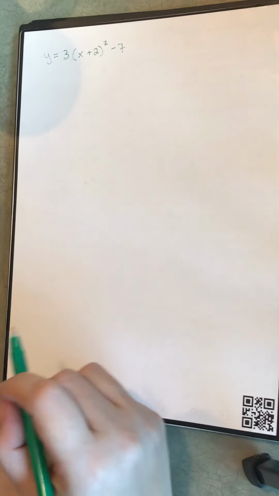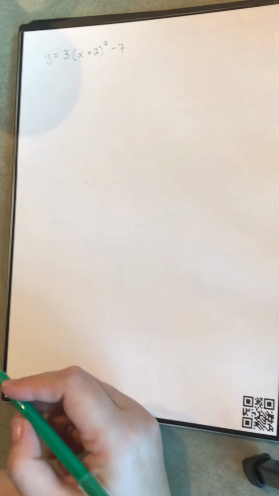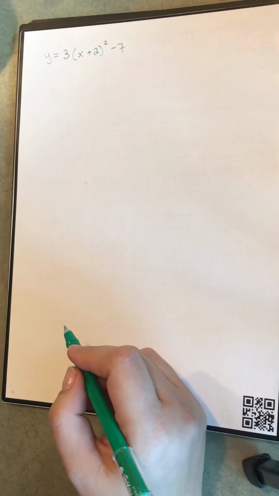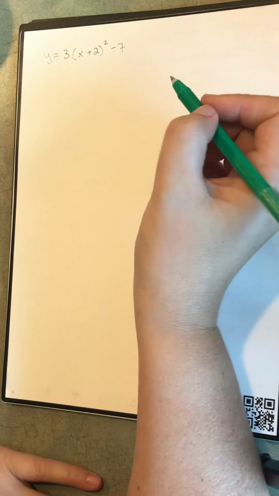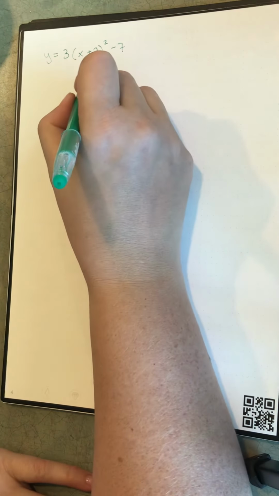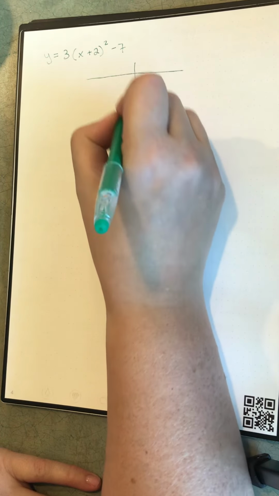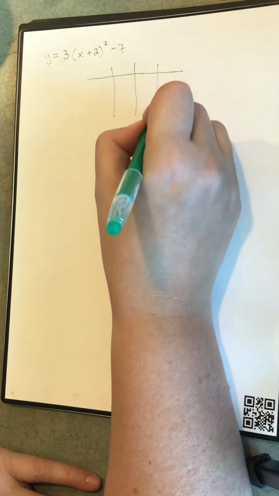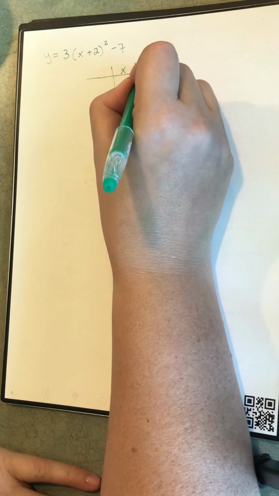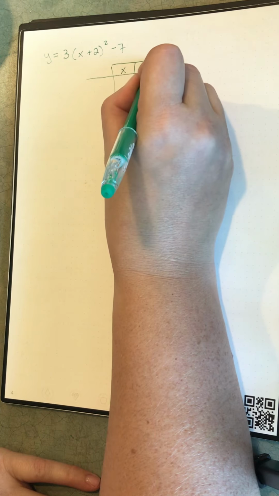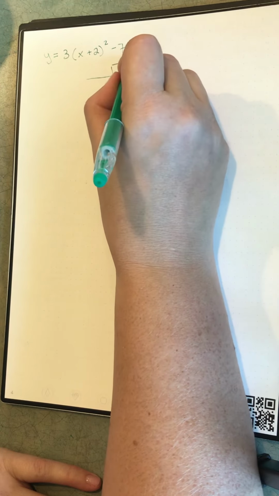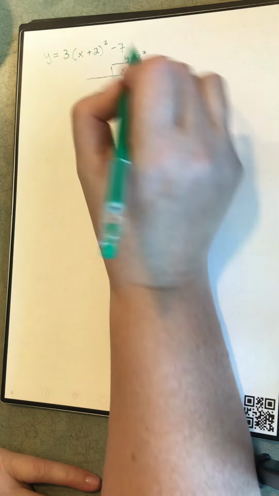I'm just making stuff up now. Alright, so then for my table, I'm going to start with my xy, and remember my parent function is y equals x squared because this is quadratic.